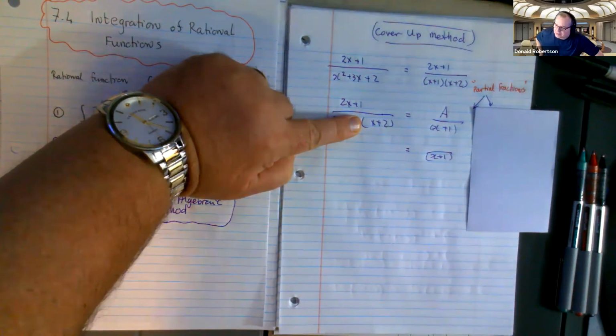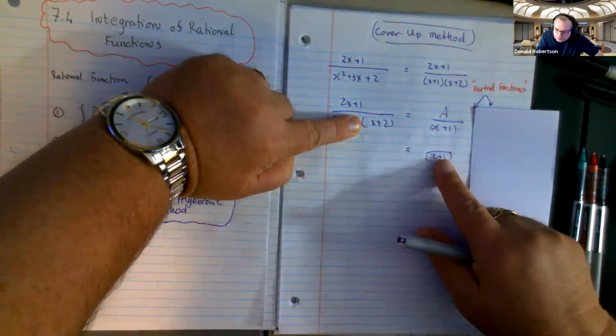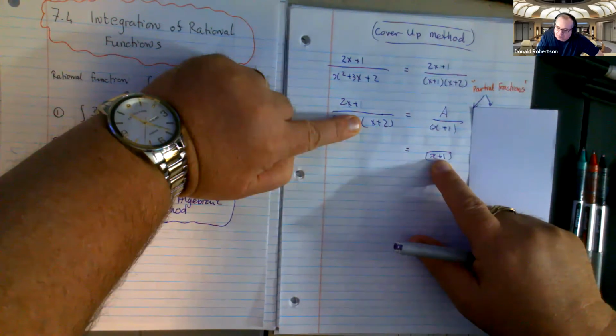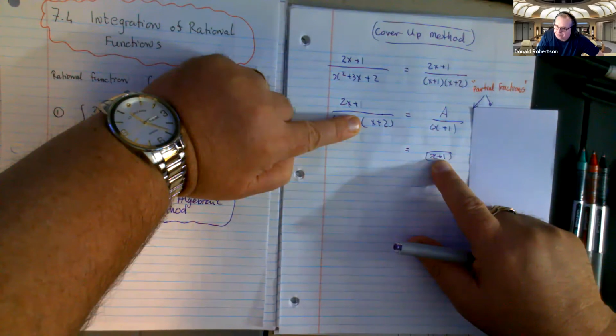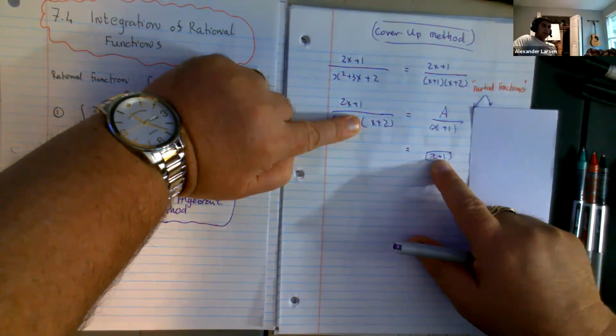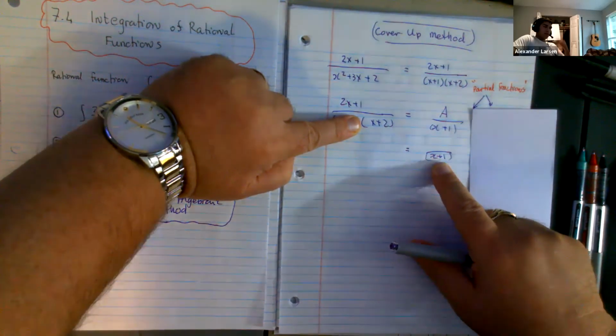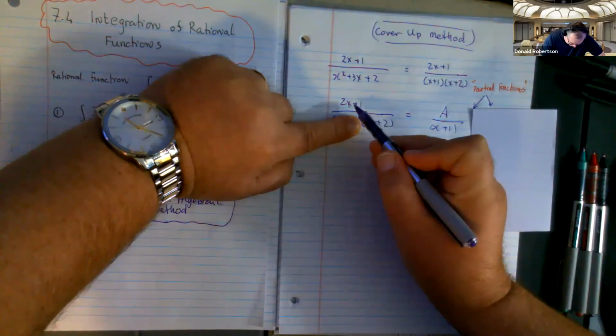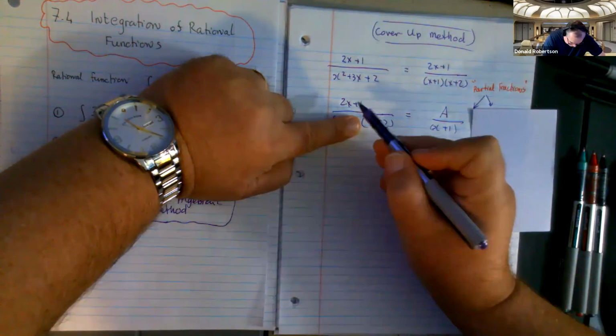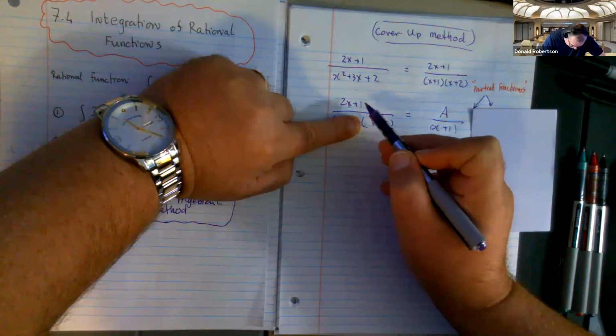So that's the first part of this magic method. Then you use the number that makes x plus 1 zero. What value of x makes x plus 1 zero? -1. If you plug -1 in the top, you get 2 lots of -1 plus 1, which is -1.